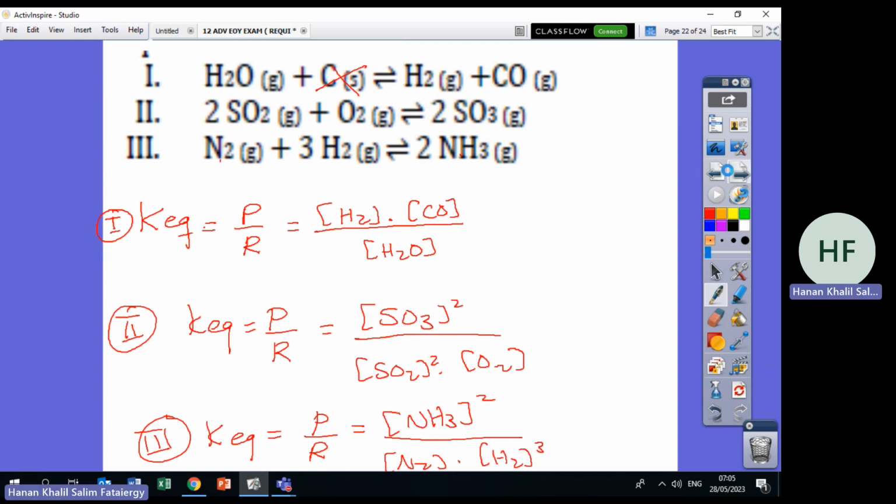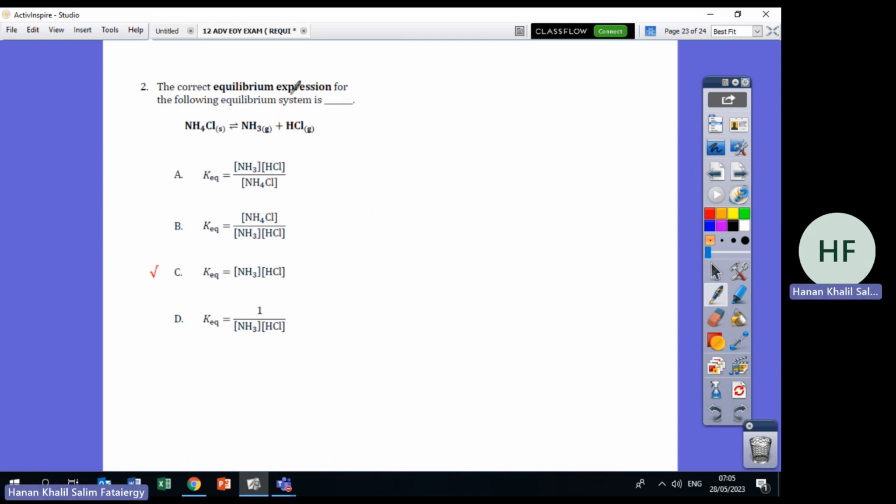Okay, another question. This is a question from last year's exam. The correct equilibrium expression for the following system is. Remember that this one must be cancelled because it is a solid. So we say P over R. The products are NH3 times HCl over no reactants, which means over 1.